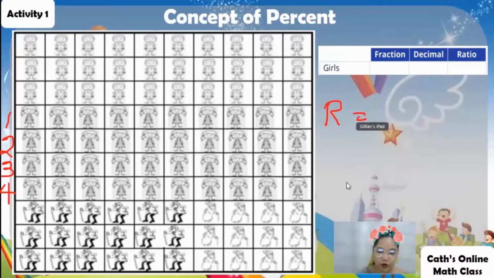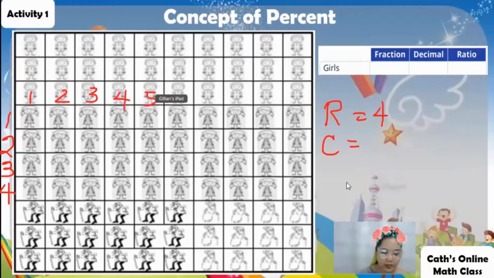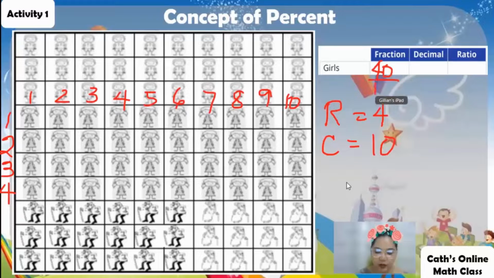So there are 4 rows of girls. And how many columns? 1, 2, 3, 4, 5, 6, 7, 8, 9, 10. So 4 times 10, you have 40 out of 100.